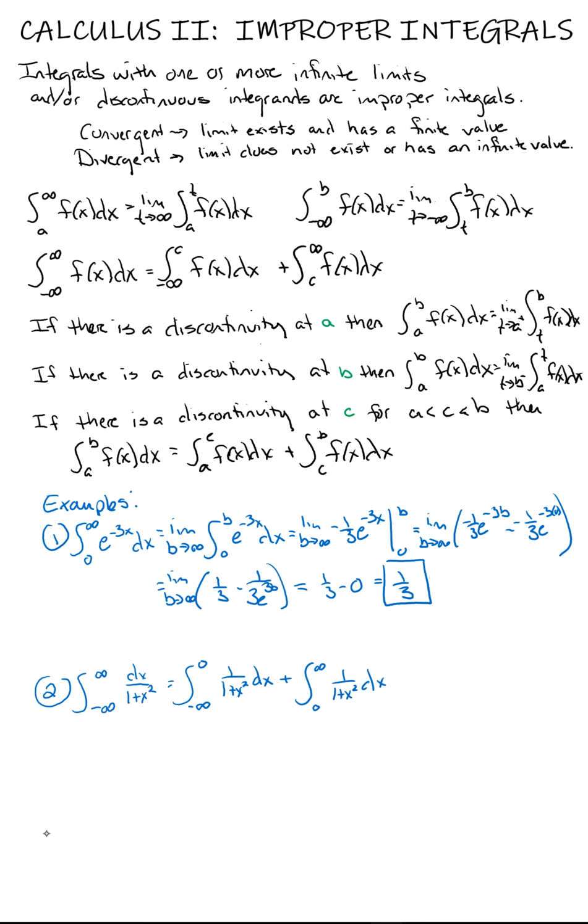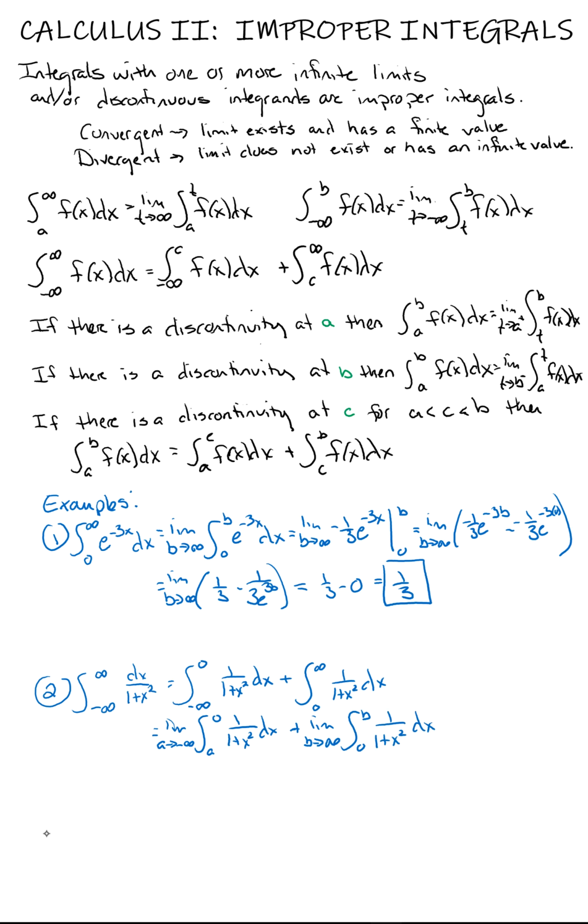Now, each of these integrals need to be written as limits. So the first one, I'm going to take the limit as a goes to negative infinity of the integral from a to 0. The second one, I'll write as the limit as b goes to positive infinity of the integral from 0 to b. And now we simply have to integrate.